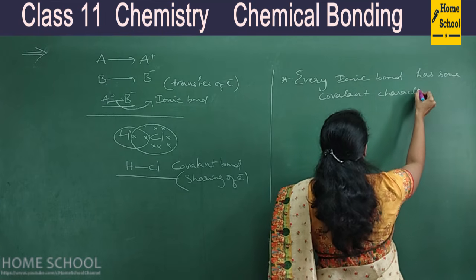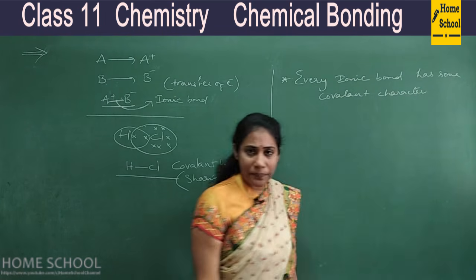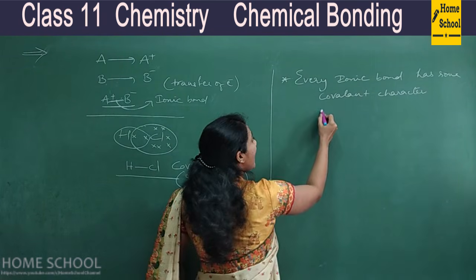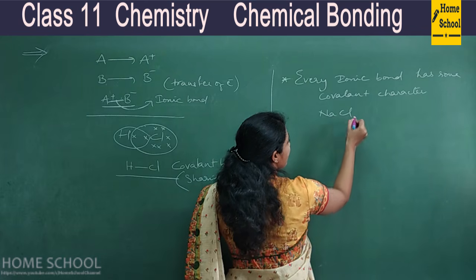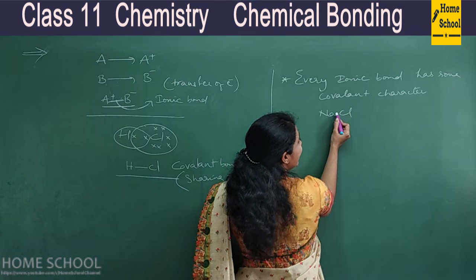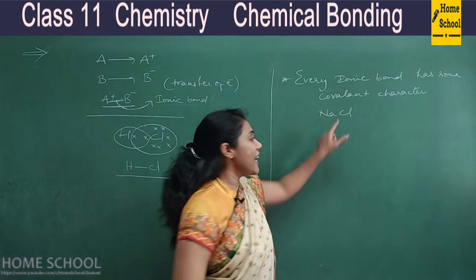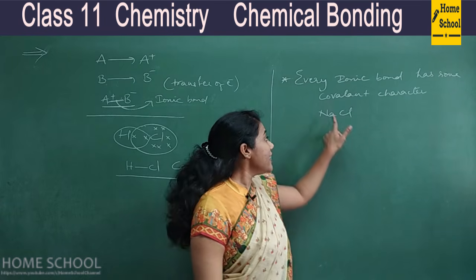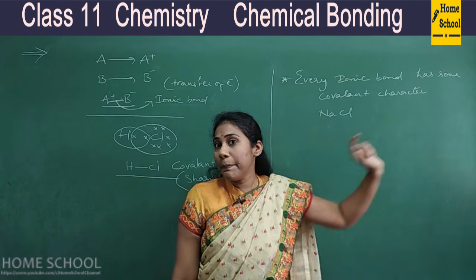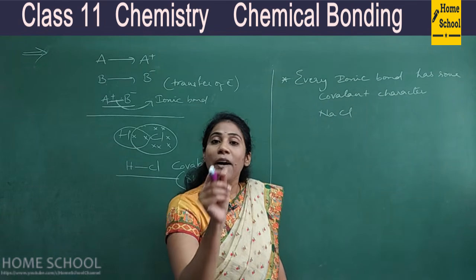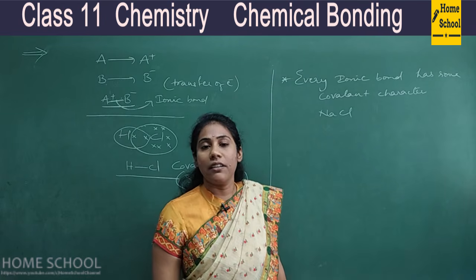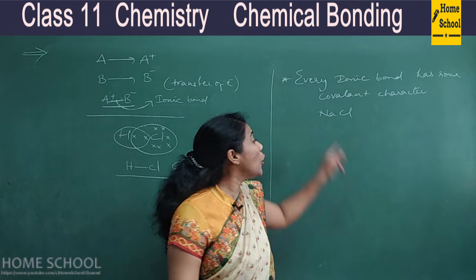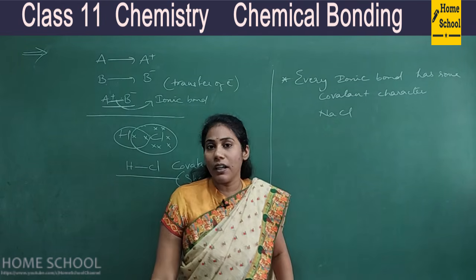So how much covalent character can be present? Say, for example, you have NaCl. Normally we say between Na and Cl there is an ionic bond. But this bond is not 100% ionic. Some amount of covalent nature is there. So how do you decide the covalent nature of an ionic bond?